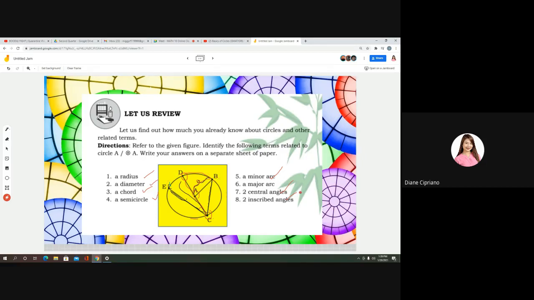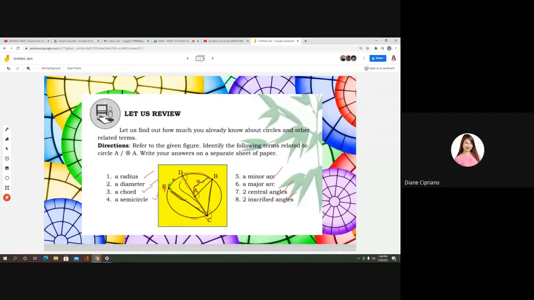Got it? For the central angle, we are talking about the angle that touches the central point. So the angle that touches the central point is angle A, or we can call it angle DAB. And for the other angle, we can call it angle DAC. For the two inscribed angles, it is the angle that touches any end point of the circle.